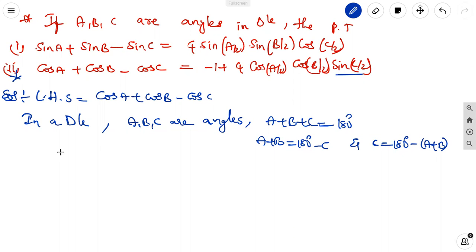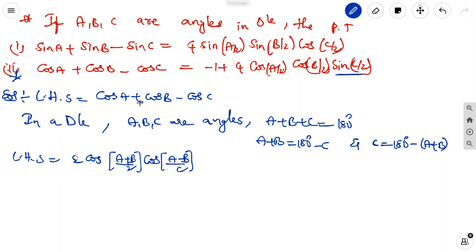Taking the LHS, cos C plus cos D is 2 cos of (A plus B) by 2 cos of (A minus B) by 2.